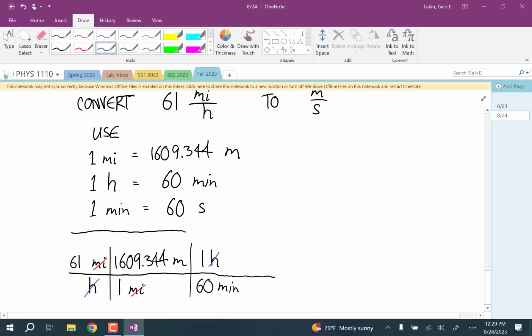And this cancels. And we're almost there. If we multiplied and divided out all these numbers, we'd have units of meters per minute. So now we have to convert the minutes to seconds. In our conversion factor, we want minutes in the numerator. So we'll go 1 minute over 60 seconds.